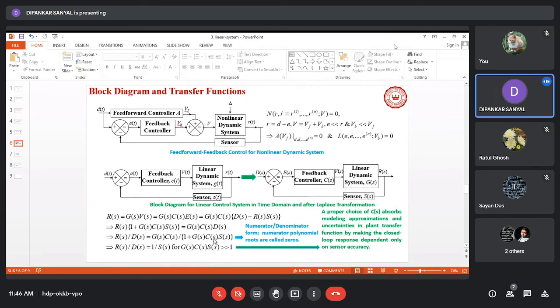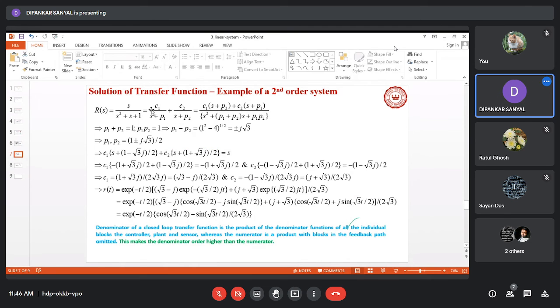So this helps us to conclude that the numerator polynomial is of lower order compared to the denominator polynomial. Normally, not normally, always we end up in a form like this, where the denominator polynomial is of higher order than the numerator polynomial.